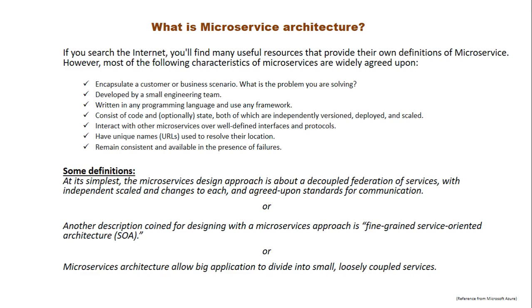Another description coined for the microservice approach is fine-grained service-oriented architecture. And the best definition, I think, and very easy to understand, is: microservice architecture allows a big application to be divided into small, loosely coupled services.